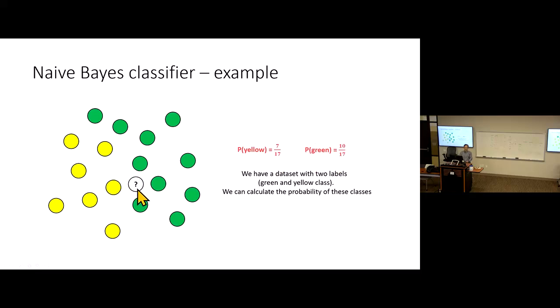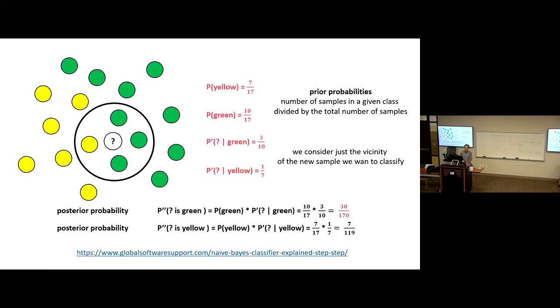So most likely, if you have a newly introduced data point, it's likely to be green because the prior frequency is higher in green. However, then you need to consider the likelihood.